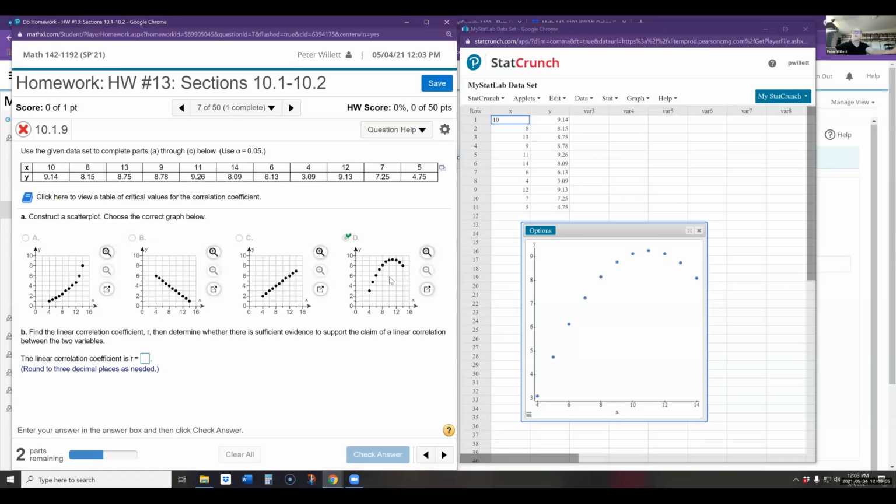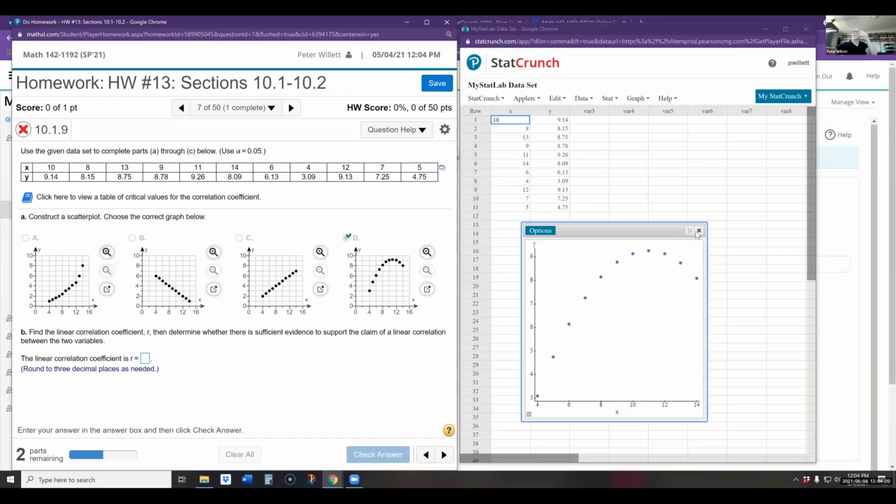There's a non-linear correlation. So the scatter plot will undermine any low p-value or high r value because the scatter plot is showing there is not a linear correlation here. But nonetheless, we want to find out r. As we said, no matter whether there's a linear correlation or not, you can always calculate r with paired data values.